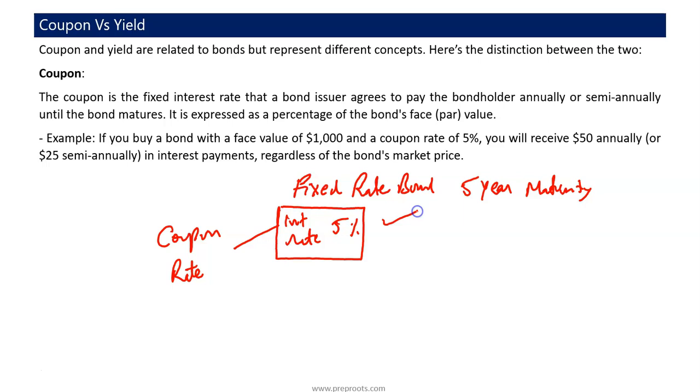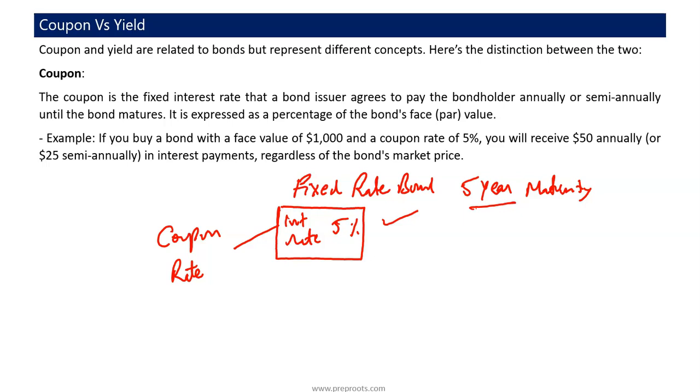If this is a piece of paper, this is called a bond having a 5-year maturity. It will raise money from you. It will give you 5-year interest, and at maturity it will give you your principal amount back. So this interest rate is called the coupon rate, and it is a fixed coupon rate.